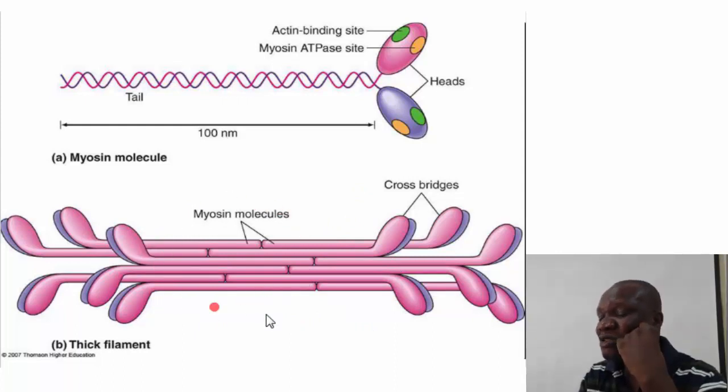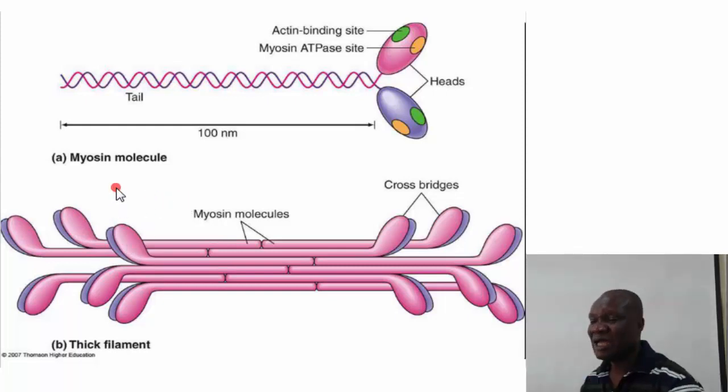Sticking out of the tail, we have the 2 heads, and on each head, there is an actin binding site and an ATP binding site.